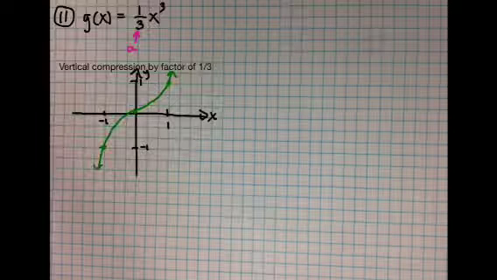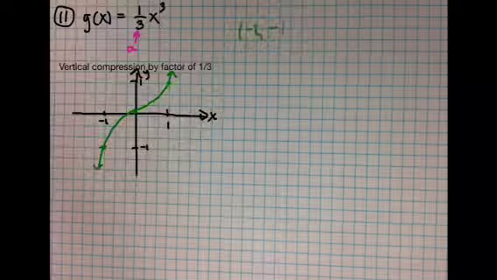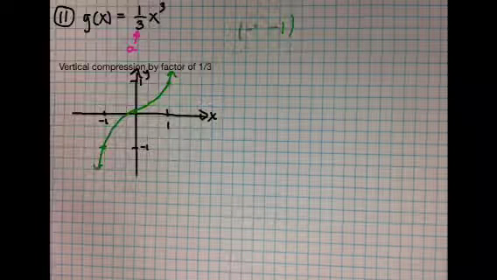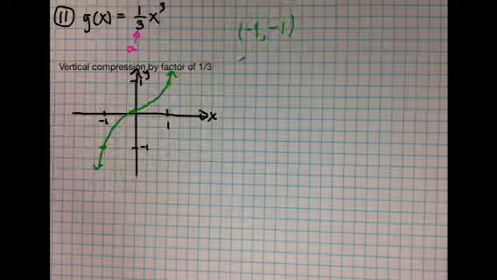So since a is the only transformation here, the x-coordinate is not going to change, only the y-coordinate, because a affects the y. So I can just start off by drawing the points negative 1, negative 1, 0, 0, 1, 1.